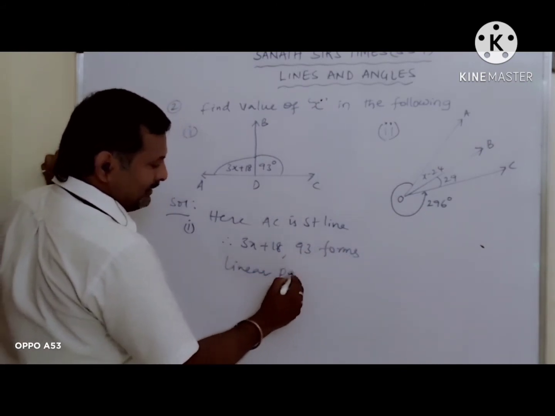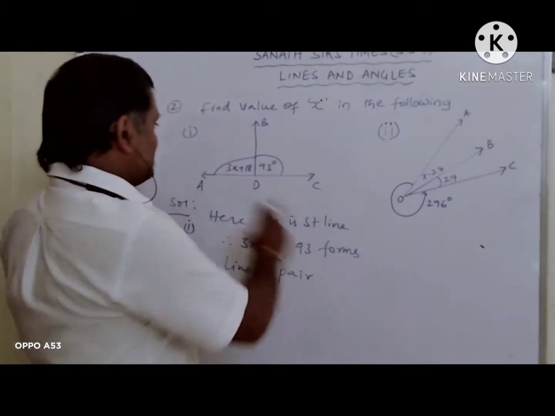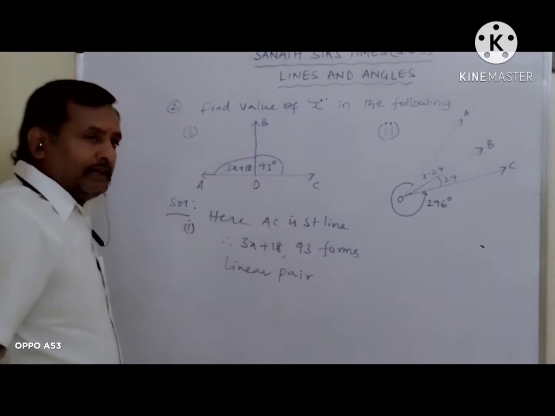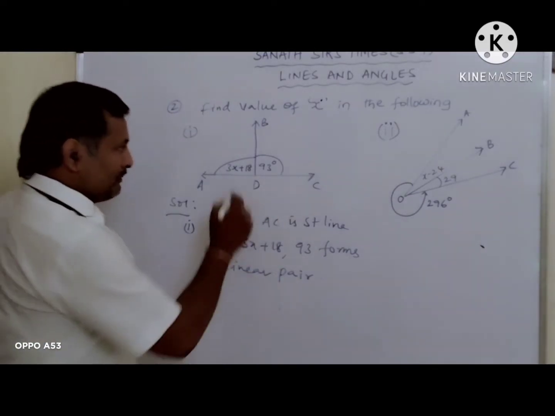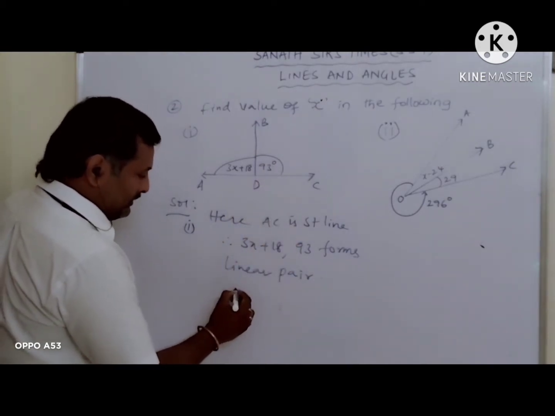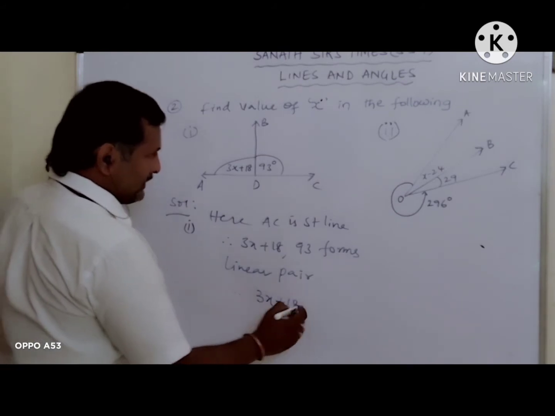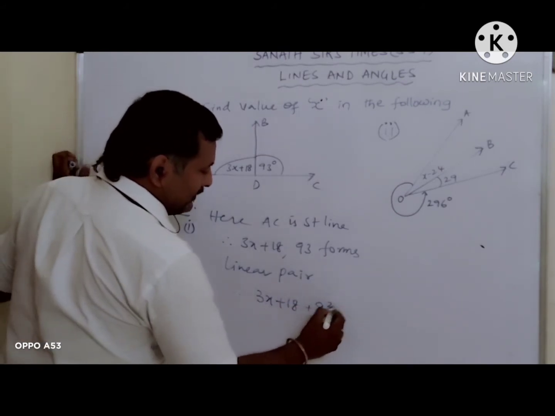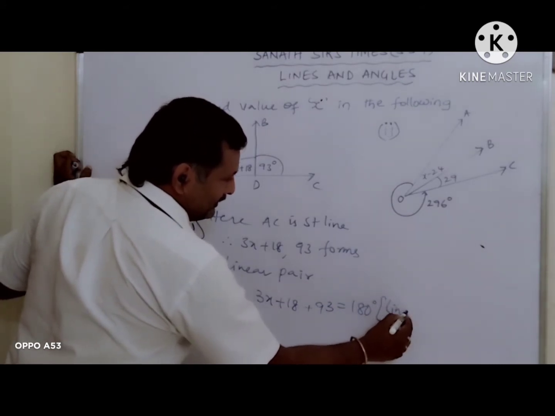Yesterday in the basics class, I explained what a linear pair is. In a straight line, two adjacent angles form a linear pair. So linear pair means the sum of the angles must be equal to 180 degrees. Therefore, 3x plus 18 plus 93 must be equal to what? 180 degrees. The reason is it is a linear pair.